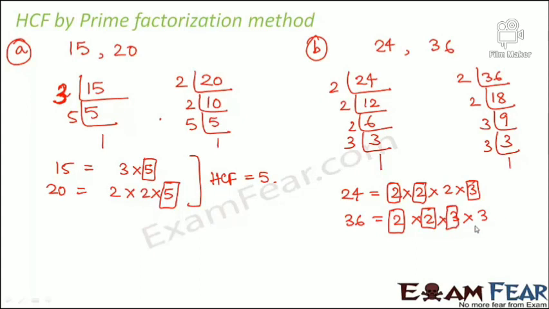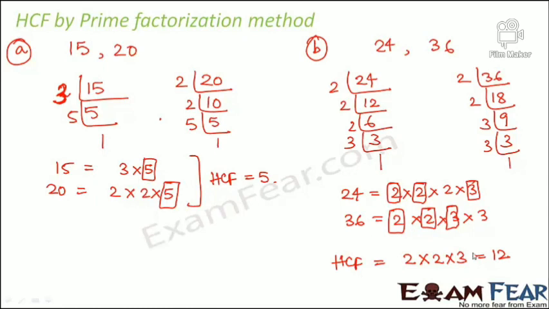So these are the common things that we have. What is that thing which gets repeated in both the cases? It is 2 into 2 into 3. So basically 2 2s are 4, 4 3s are 12. So 12 is a common factor for both 24 and 36.